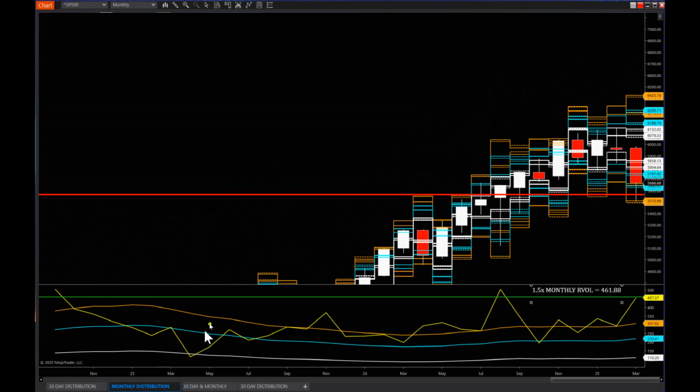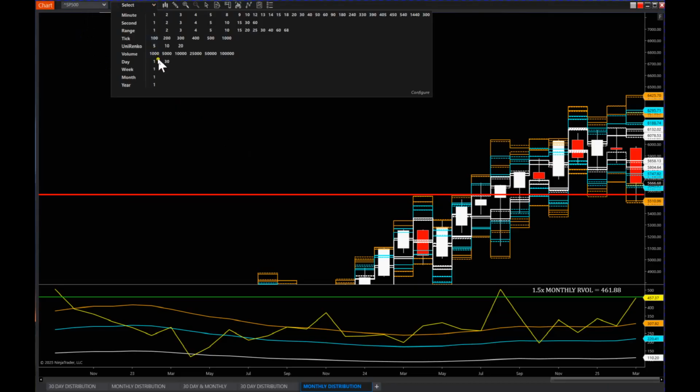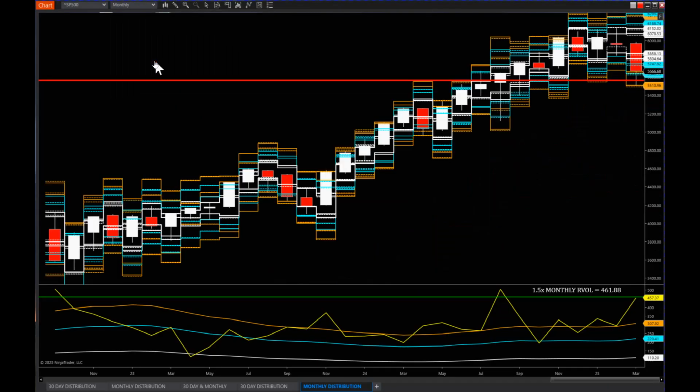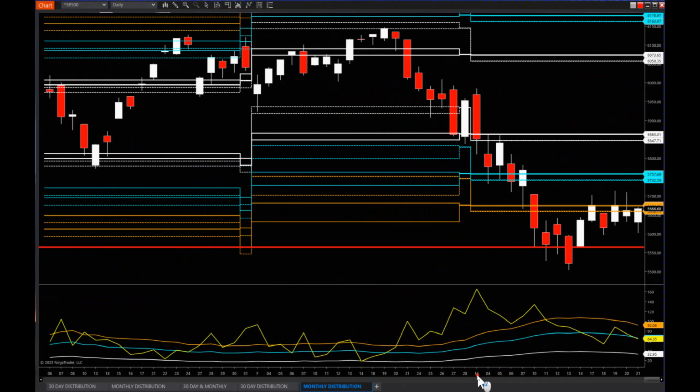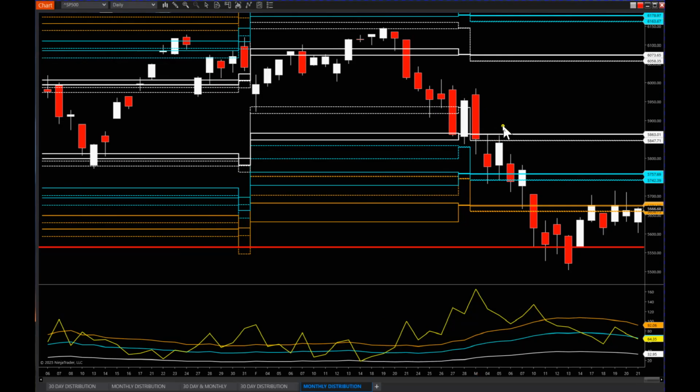And if we were to do the same thing with this, which is changing it to a daily bar and running the same monthly distribution on a 1 day, you're going to see that the distribution itself shifted like the 30-day did, and we're below the monthly one going out.